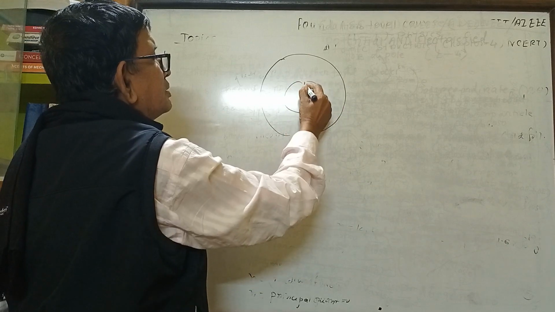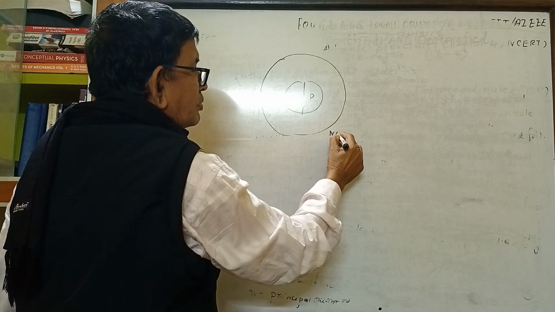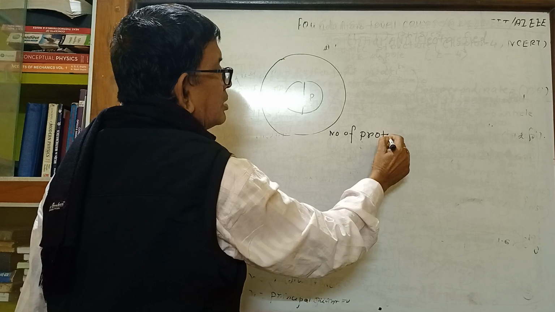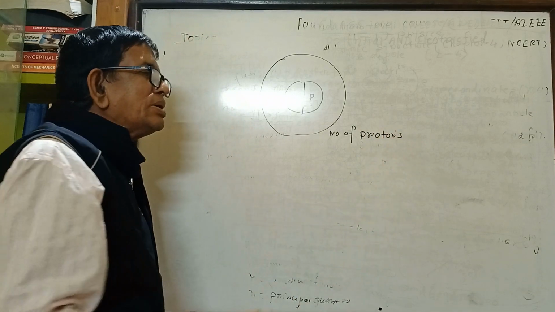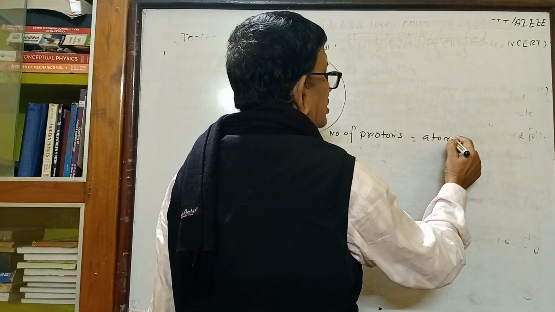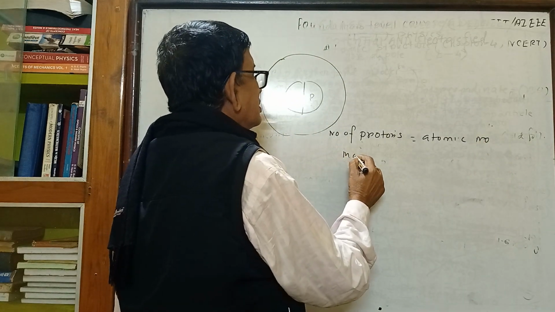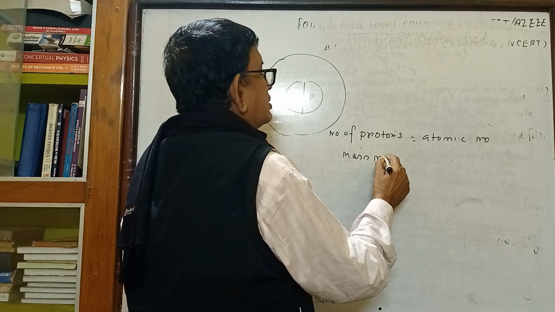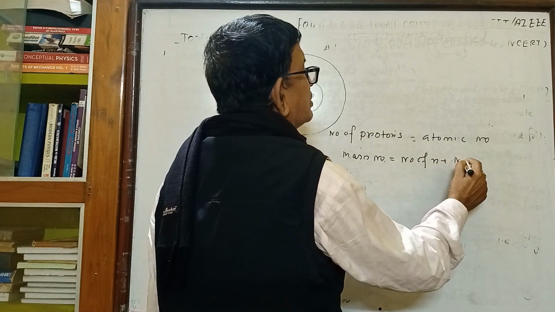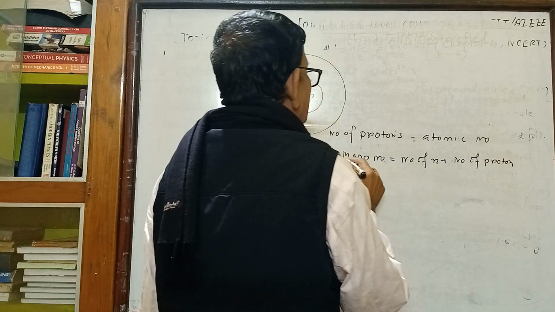Here we get neutrons and protons. So the number of protons, or indirectly the number of electrons, is the atomic number. Mass number equals number of neutrons plus number of protons. That is the mass number.